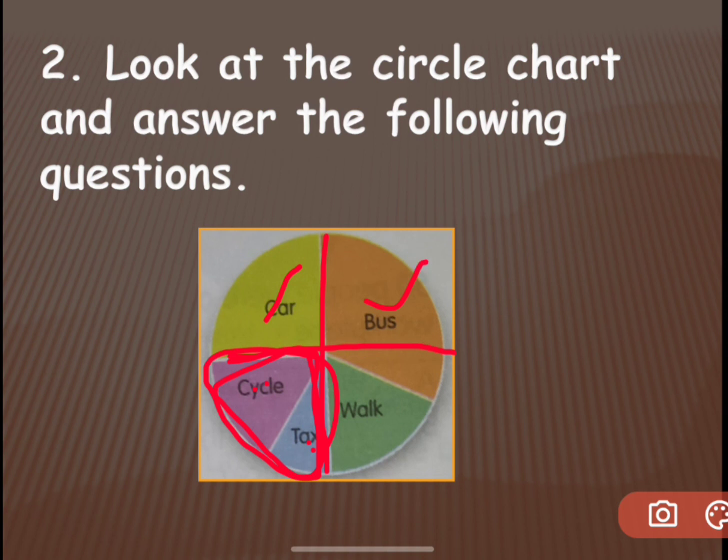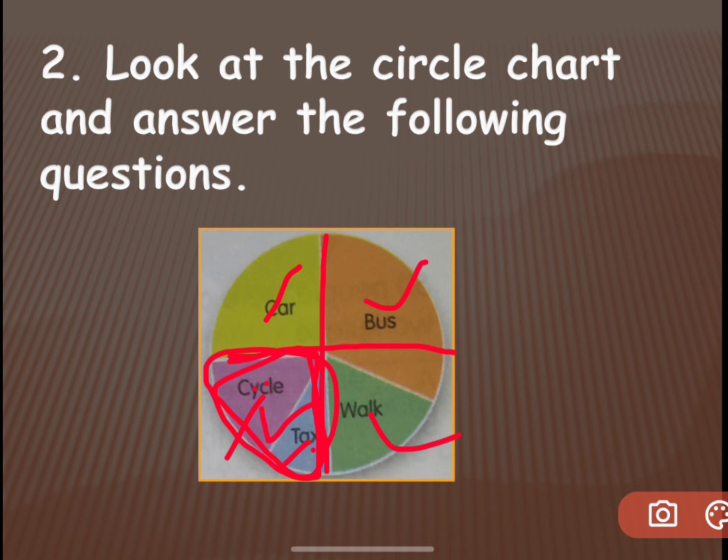Walk is less than 1 by 4, taxi is less than 1 by 4, cycle is also less than 1 by 4. But if you put cycle and taxi together, it will be equal to 1 by 4. In this way, you have to look at the pie chart given and write the answers for the questions given.